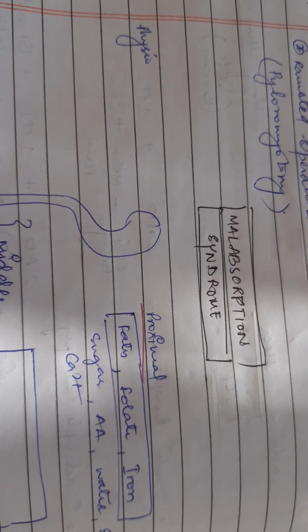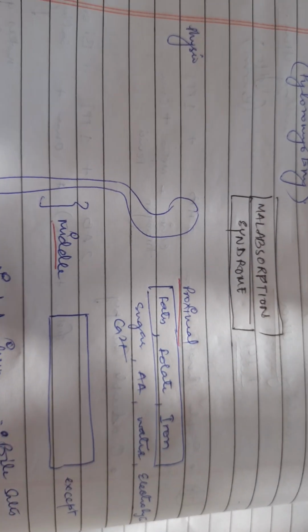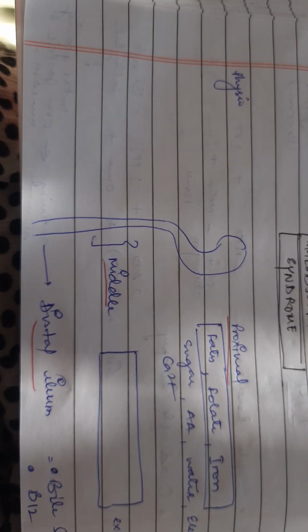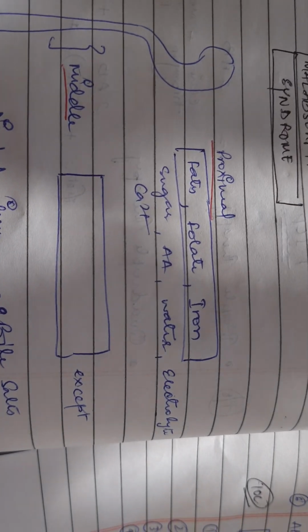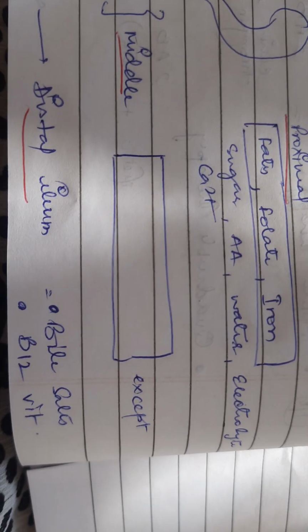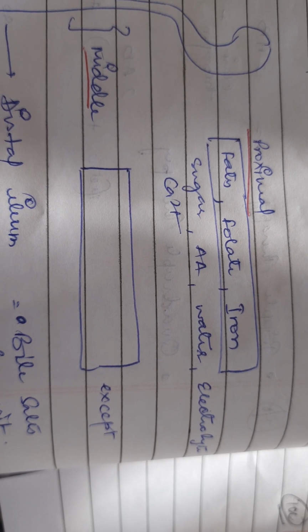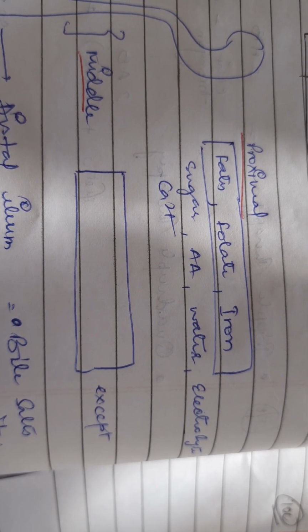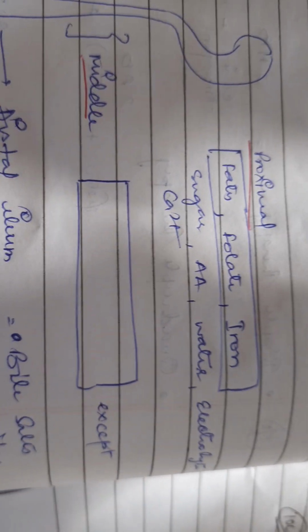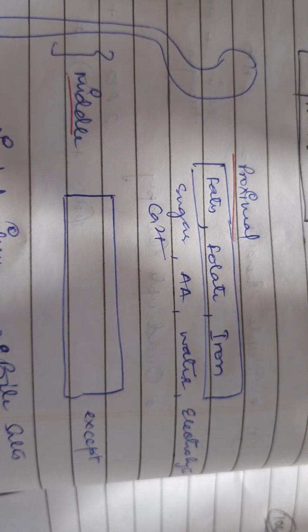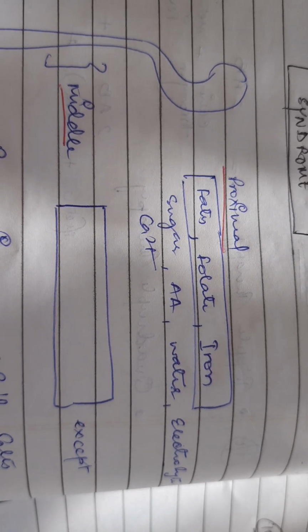Then malabsorption syndrome. This is the proximal part, this is the middle part, and this is the distal part. Proximal is the duodenum, the middle is jejunum, and distal is ileum. In the duodenum, fats, folate and iron are absorbed.